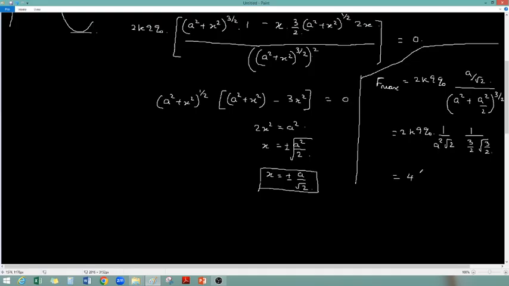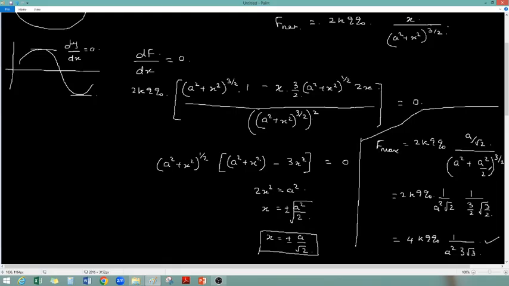So it will become 4k q naught, and then a squared, 3 root 3. That's all. I hope I have not missed anything. Root 2 cancels, 2 goes to the top, 3 root 3. So that should be your F max.